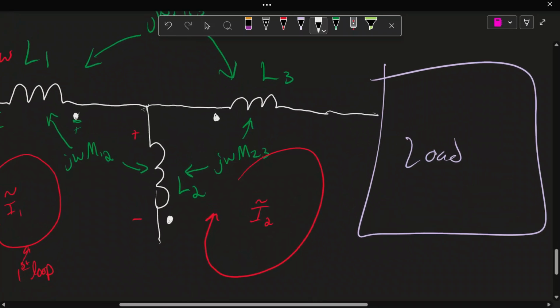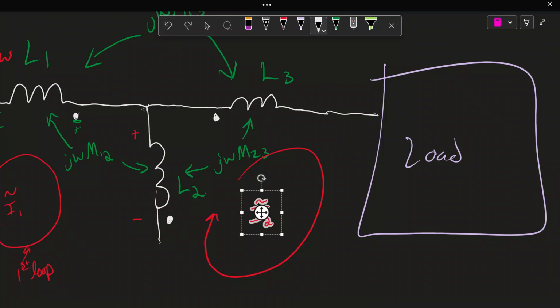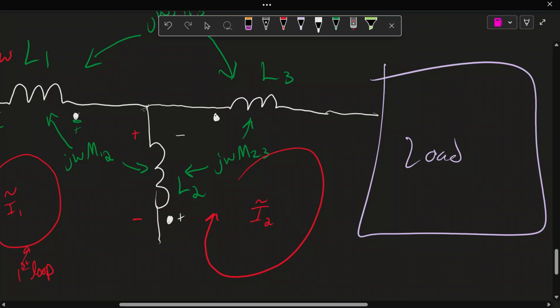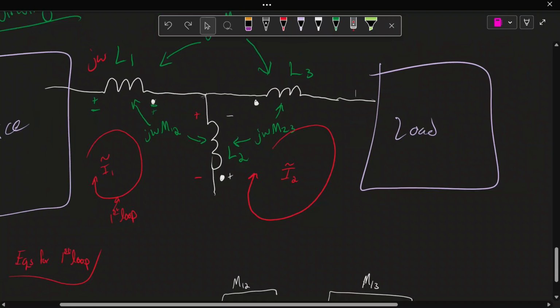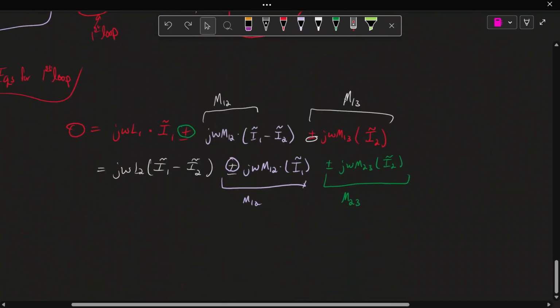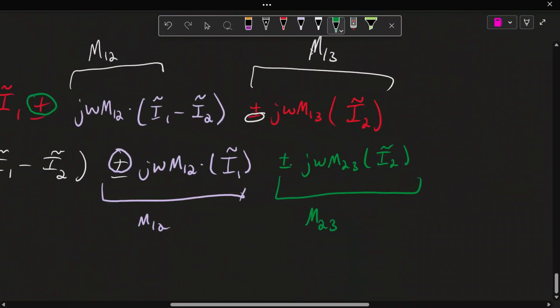I2 passing through L3 hits the dotted side first. So the dotted side will be positive for L2, positive here and negative here. And now the current passing through L2, in our case for the first loop, will be I1 minus I2, traveling downwards. That current will hit the negative terminal of our dot convention polarity. So that is going to be a minus.